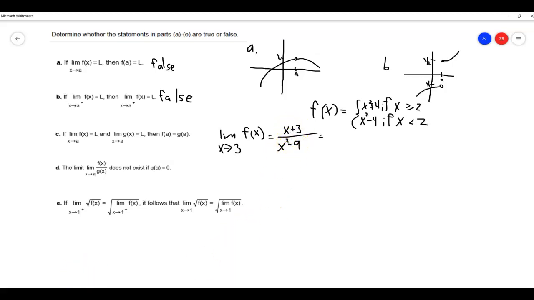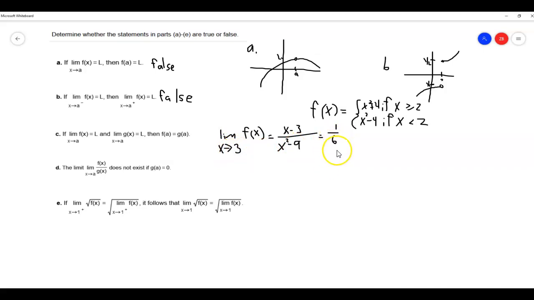That should have been a minus right there. Let me fix that. Notice if we plug the 3 in here, we're going to get a 0 over 0. But we can actually factor the bottom, cancel out the x minus 3s, and then we're going to end up getting 1 over x plus 3. When we plug in the 3, that'll give us a 6.